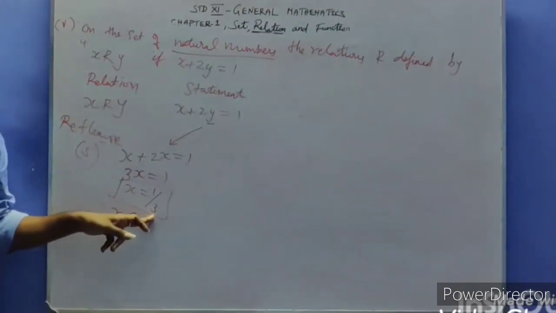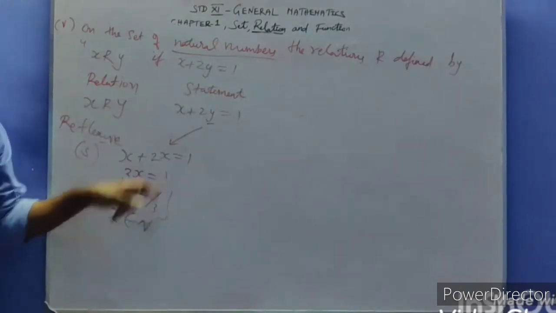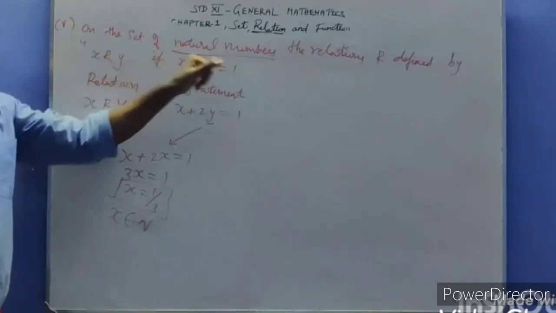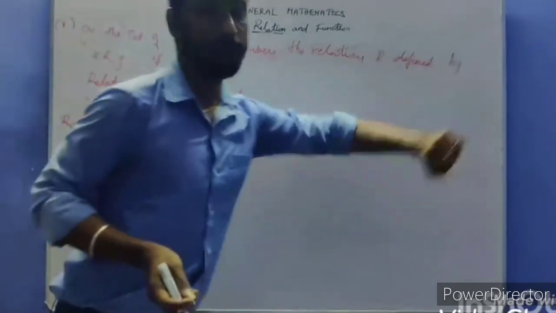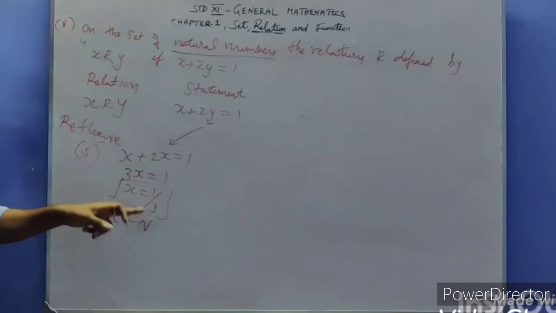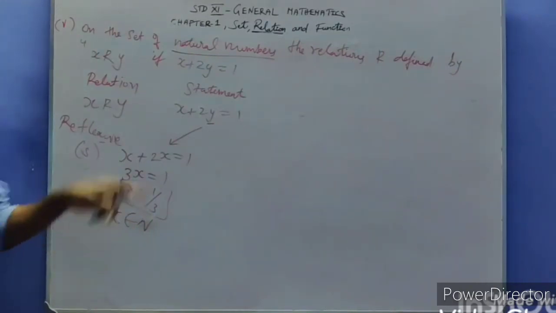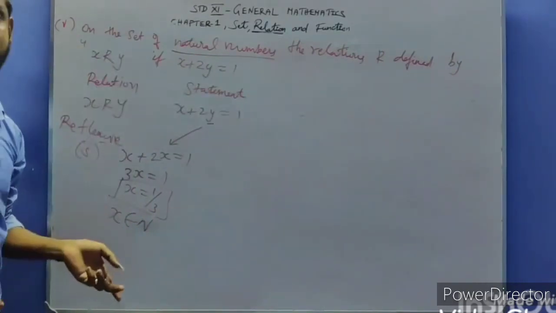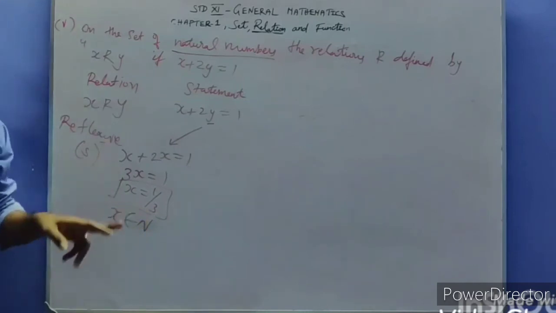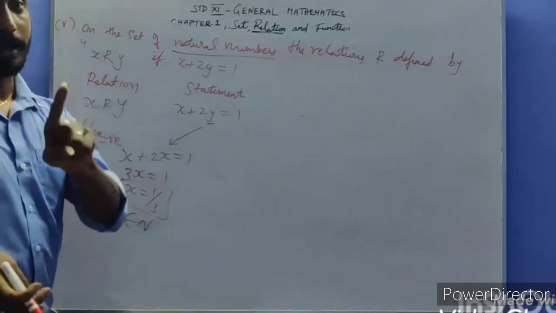But we are getting here that it is not a natural number. The question says on the set of natural numbers the relation is defined, but here we are not getting a natural number because 1 by 3 is a fraction. Natural numbers always start with 1.